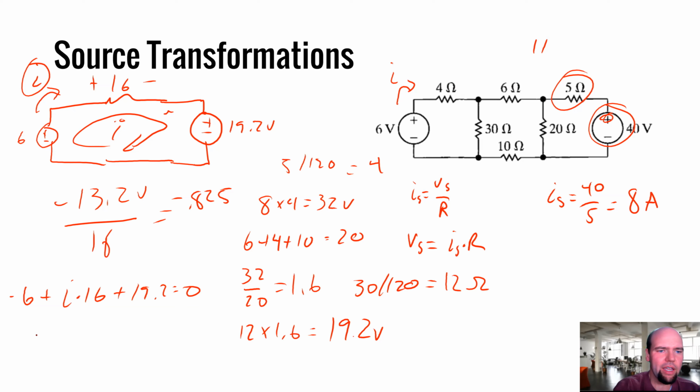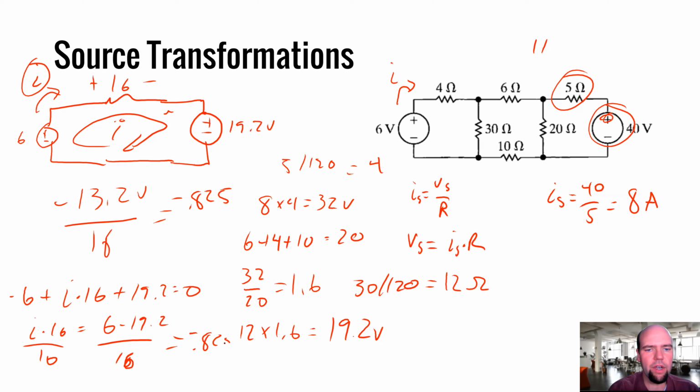And then I times 16 equals 6 minus 19.2, divided by 16, equals negative 0.825.